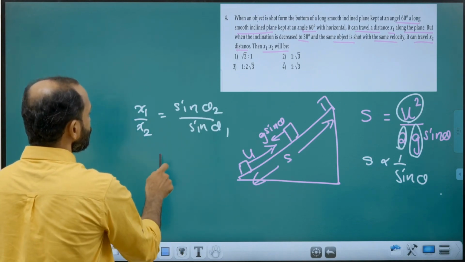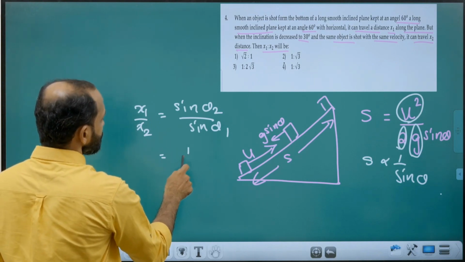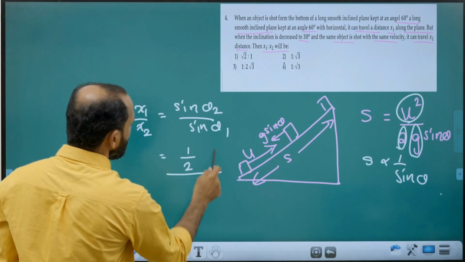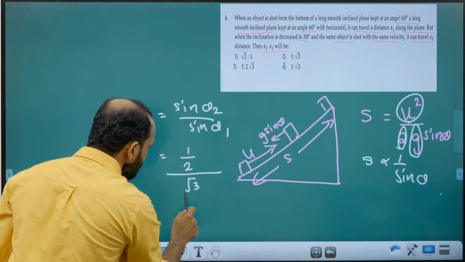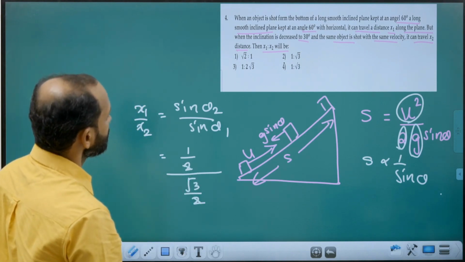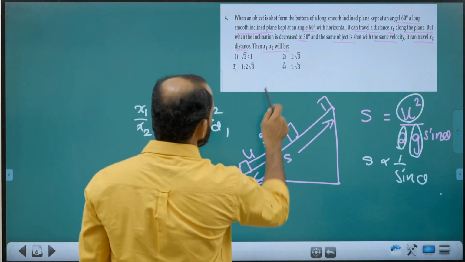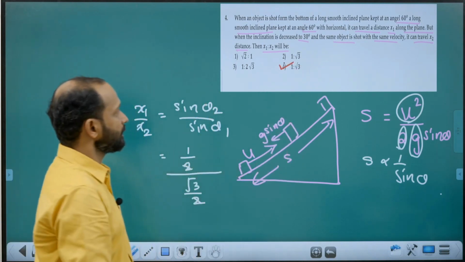They bear an inverse relation. Sine theta 2 is sine 30, which is 1 by 2, divided by sine theta 1. Theta 1 is 60. Sine 60 is root 3 by 2. So this 2 cancels and you will get 1 by root 3. So the right answer is 1 by root 3.